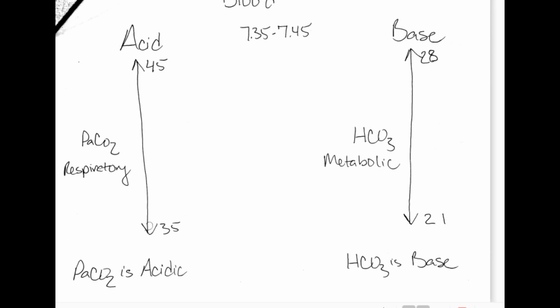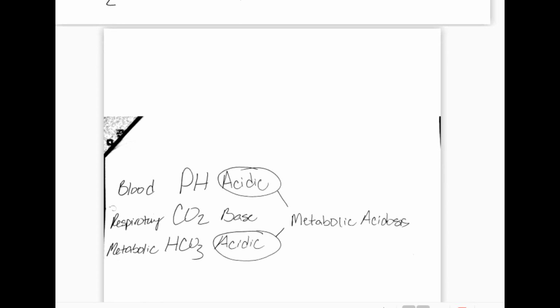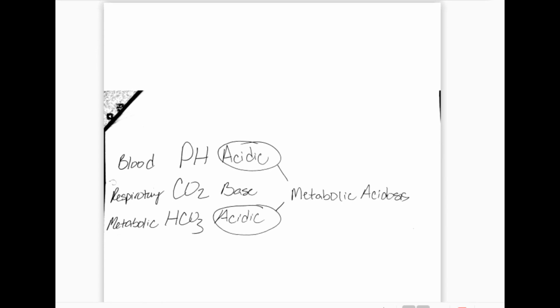So 35 is the lowest the CO2 can be before it starts to throw my pH out of whack. It's going to be below 35 and it's going to be considered more alkaline. So I've determined that my CO2 is alkaline. It's not the culprit. It's trying to compensate. Something else is throwing it off.